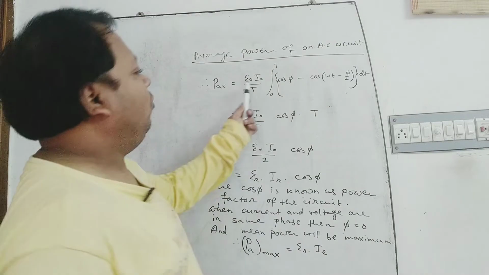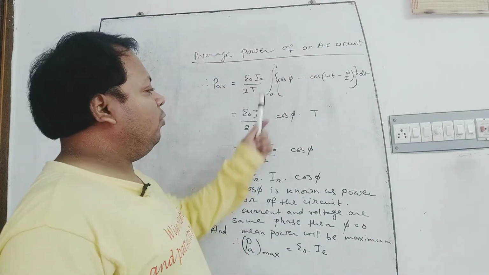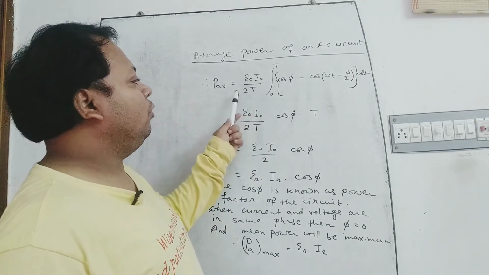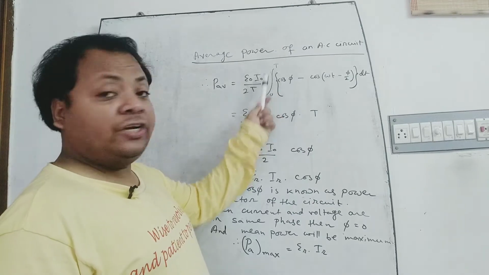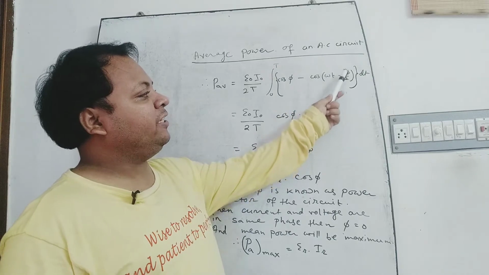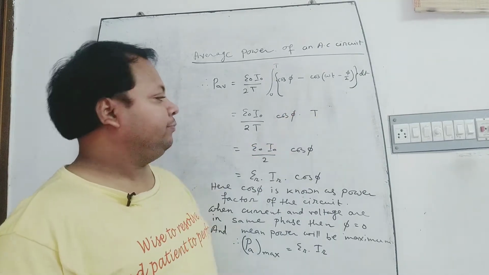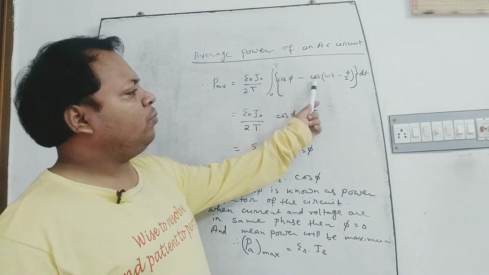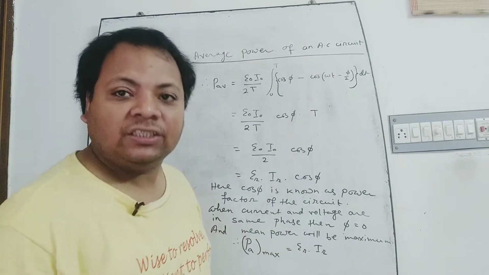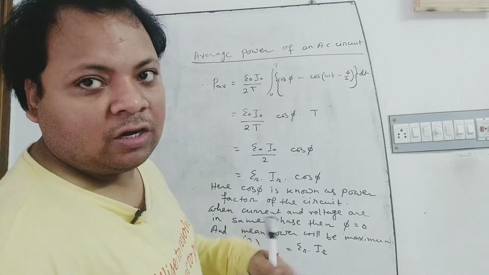Now we can integrate the expression and we find that P average is equal to epsilon 0 I0 by 2T integration of 0 to T of [cos phi minus cos (2 omega t minus phi)] dt, and the integration of cos within a full time period will be 0. Cos phi is only a constant.